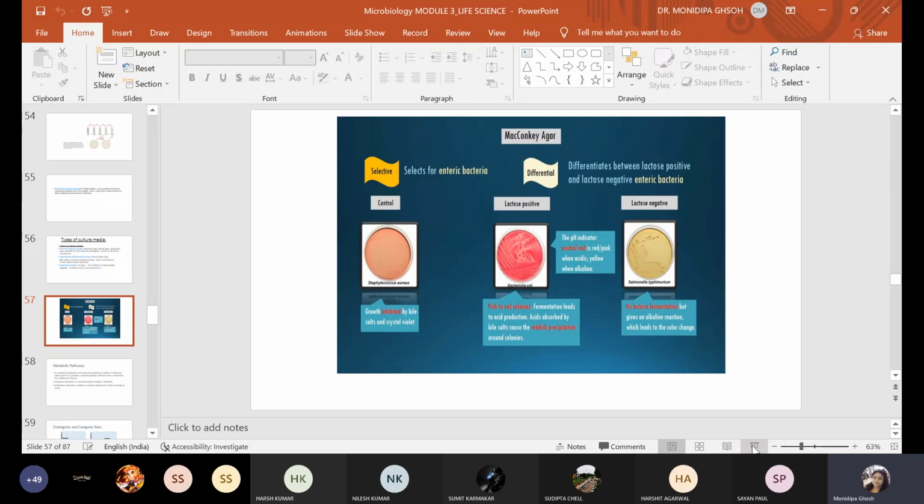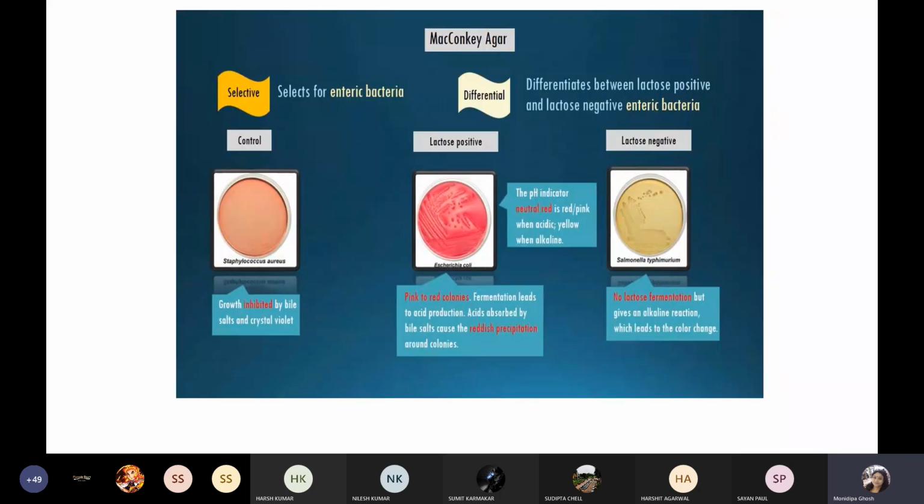Now, how does it work? Go through this picture. It is an agar which gives some selection value, so that enteric bacteria grow like this. Staphylococcus growth is inhibited by bile salt and crystal violet.